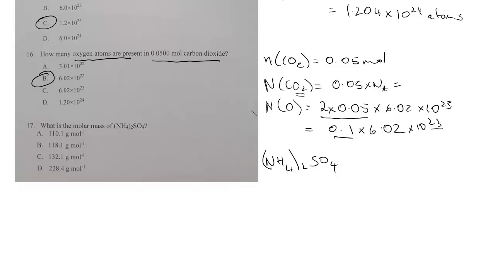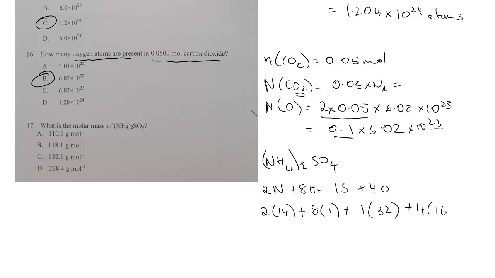This 2 out here acts like expanding a bracket, meaning there are 2 nitrogens, 8 hydrogens, only 1 sulfur, and 4 oxygens. To figure out the molar mass, we have to add them all up together. So 2 times 14 plus 8 times 1 plus 1 times 32 plus 4 times 16.